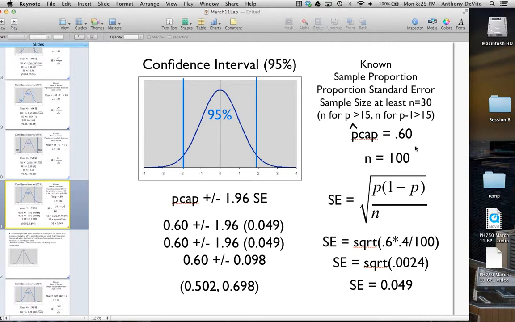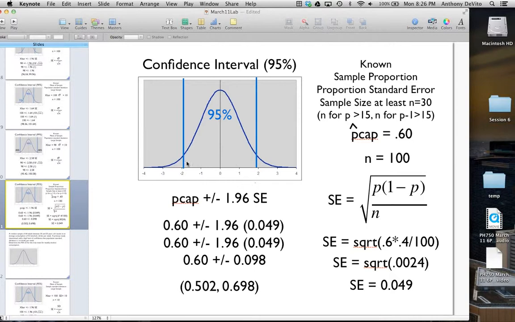Now keep in mind that that's a sample proportion of a sample of size 100. But we have a formula that will allow us to calculate the standard deviation for repeated samples of size 100, the proportions that we would be likely to get based on chance if we truly randomly sample.